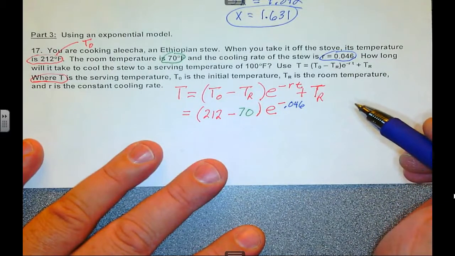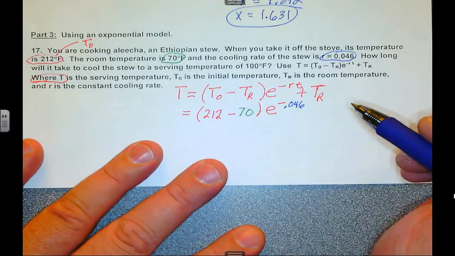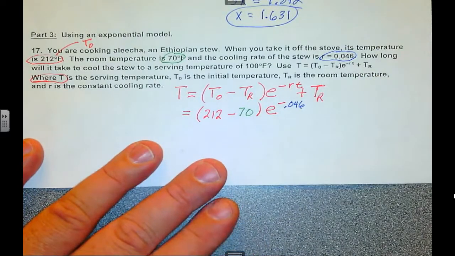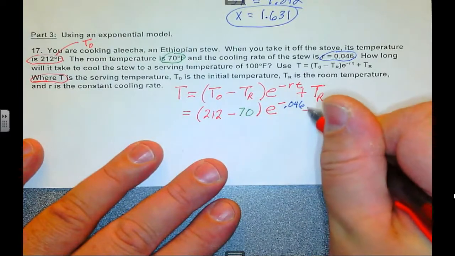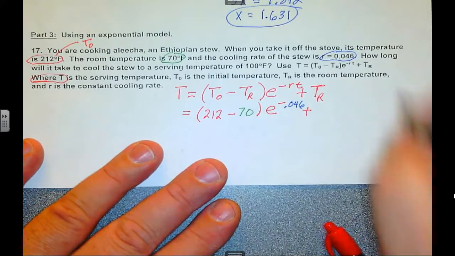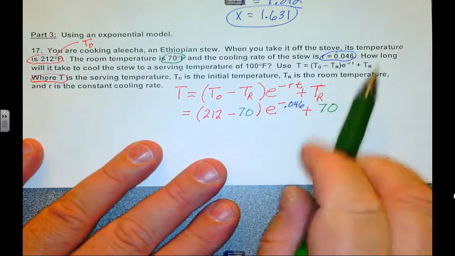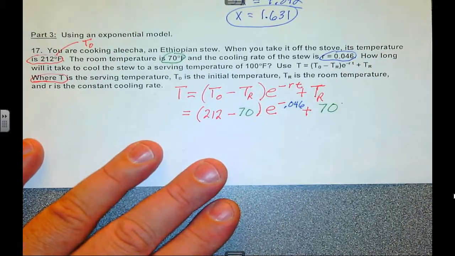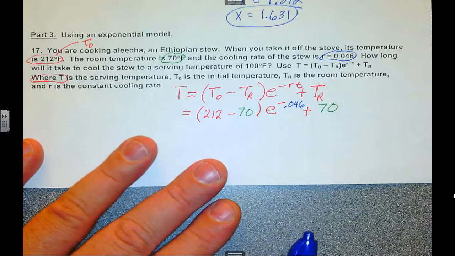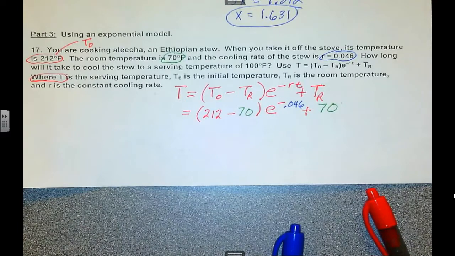Plus room temperature. T sub r is 70 degrees, right? Are we looking for how long will it take? So we're looking for little t, aren't we? We'll use x for our little t.